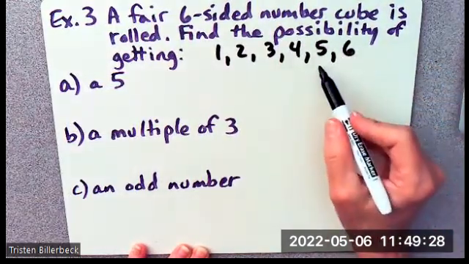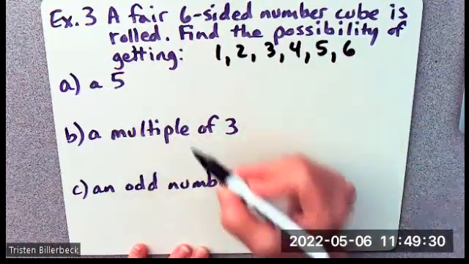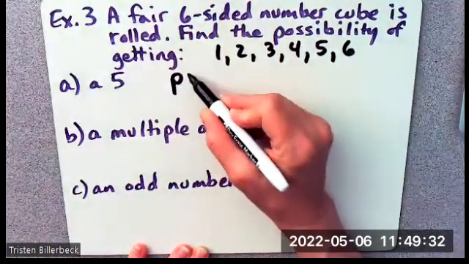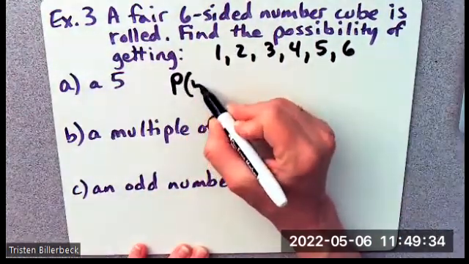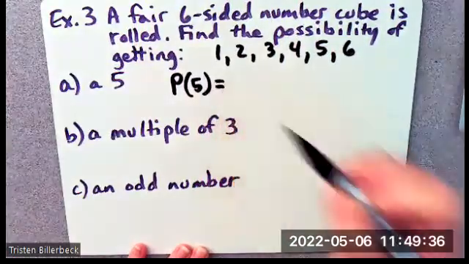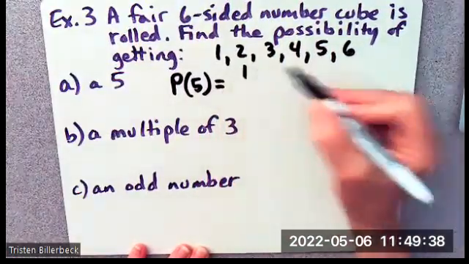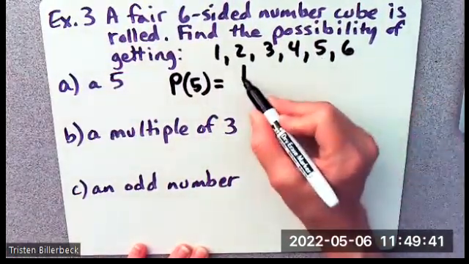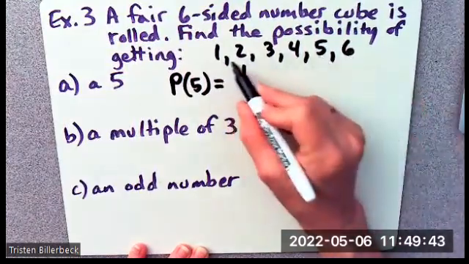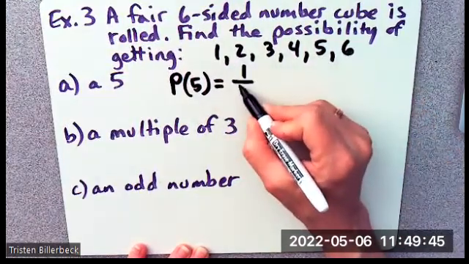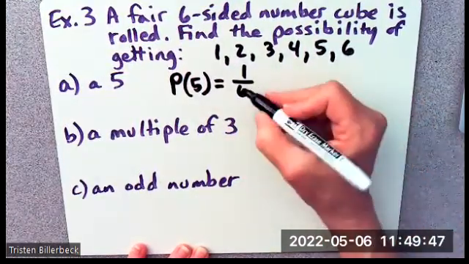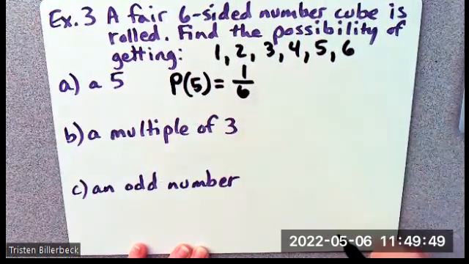So 5 is 1 possibility. So the probability of rolling a 5 is going to be 1 outcome of 5, and there's 6 possibilities. So the probability of rolling a 5 is 1/6.